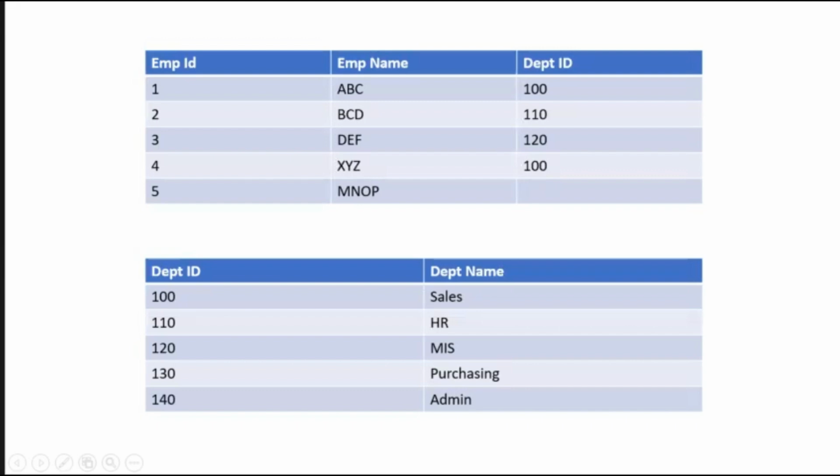Only if the values are the same, foreign key and primary key, can you get the values from the system. So this is called the foreign key. Foreign key is the primary key of another table.